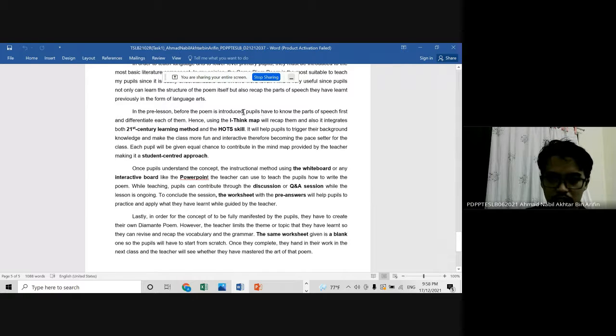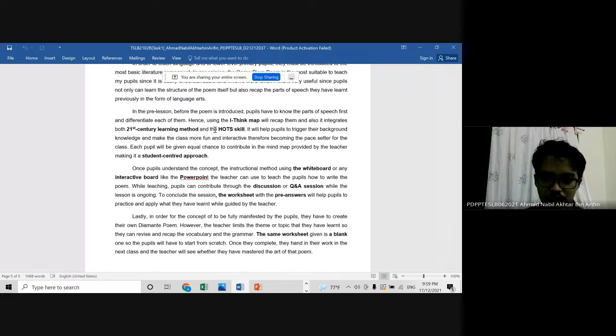They can think of the grammar items, and it also prepares them to learn the Diamante poem, the topic that they will be learning, especially in language arts. Pre-lesson is very important when you are introducing the elements and the rules of the poem itself. For example, if you are creating a rhythmic poem, you have to introduce what rhymes at the end of each line of the poem.